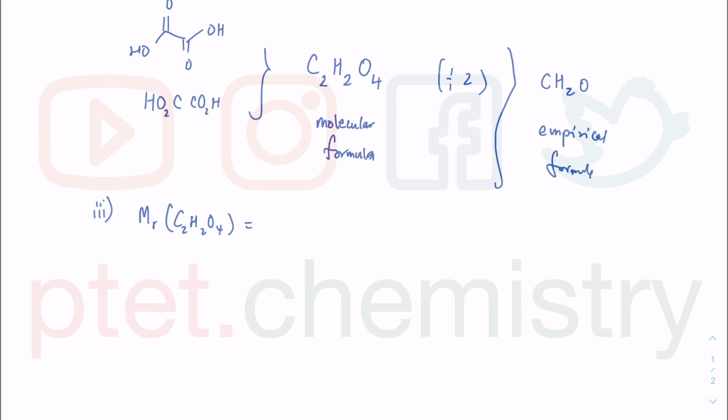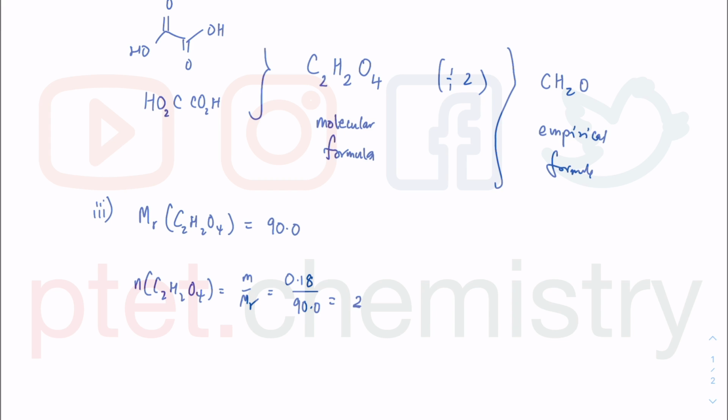Your calculator shows you 90, but you know better to write it as 90.0, as per the accuracy given in your periodic table for the sum of the relative atomic masses. So we first find out the mole. The mole is going to be mass over Mr, and that will give me 0.18 gram divided by 90.0.